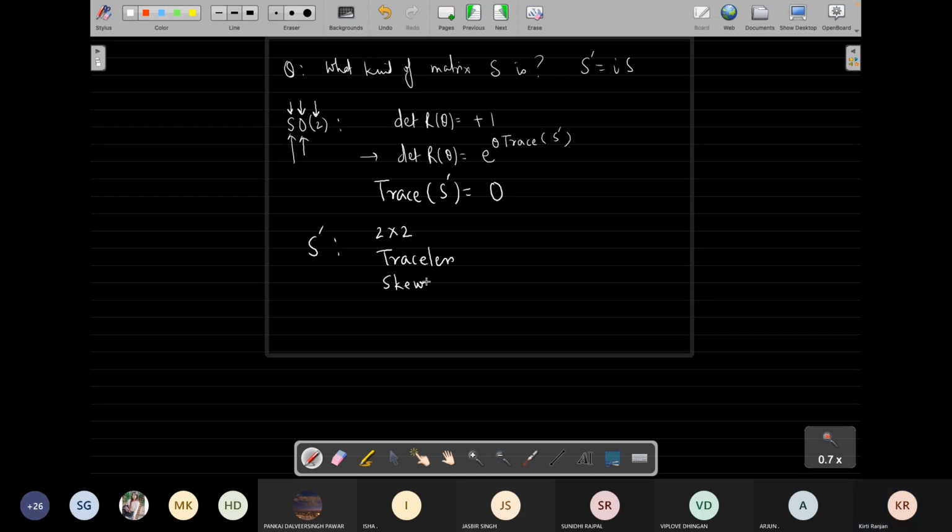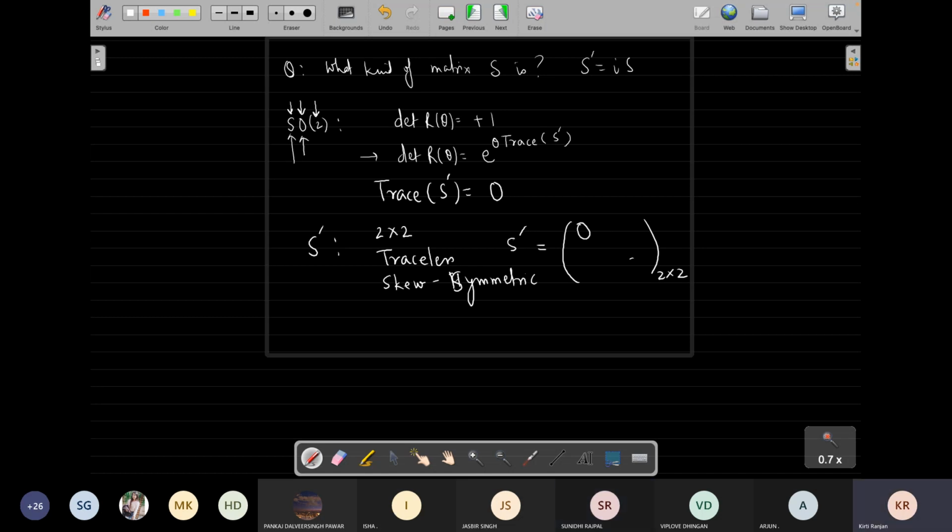Skew Hermitian. Oh, sorry, skew symmetric, since we are still talking about the real space. S prime is skew symmetric. So can you now think about the most general 2 by 2 traceless skew symmetric matrix? Can you just build it for me on the basis of just these three conditions? So it has to be 2 cross 2, traceless, skew symmetric. What property will skew symmetric enjoy?